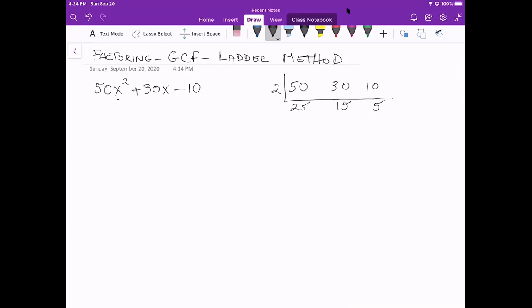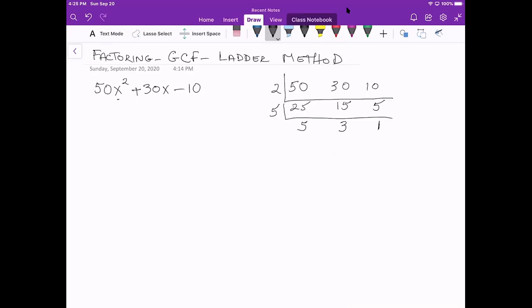And now I continue looking. Can I divide anything evenly here? Can I take out a factor? Well, they each end in 5, so obviously I can take out a 5. 5 into 25 is 5. 5 into 15 is 3. These are easy numbers. 5 into 5 is 1. Well, I have a 1, 3, and a 5. There's nothing common about those numbers.